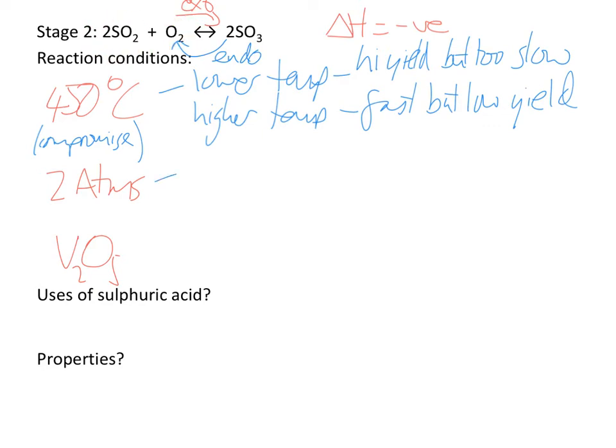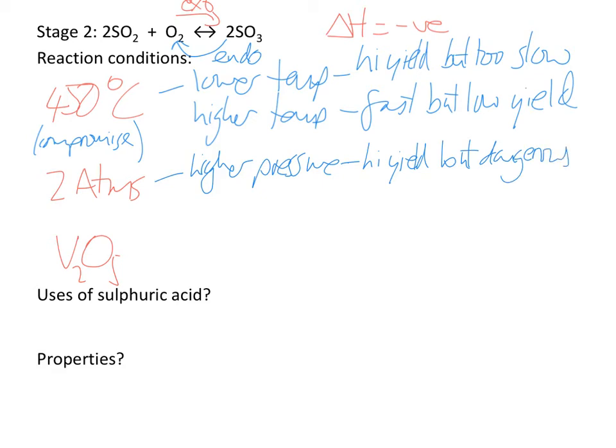So a high pressure, or a higher pressure than that, would give a high yield. But it would be dangerous. Increasing the pressure of a system is always dangerous.